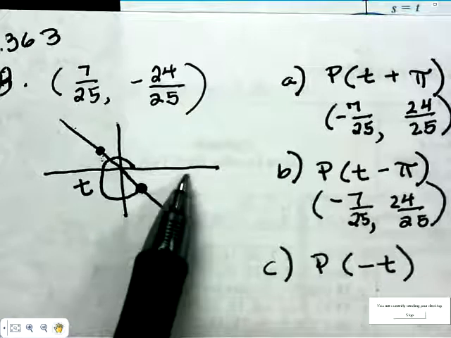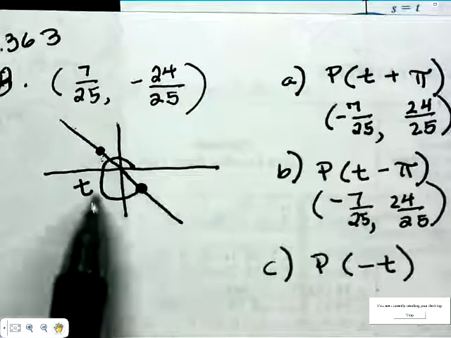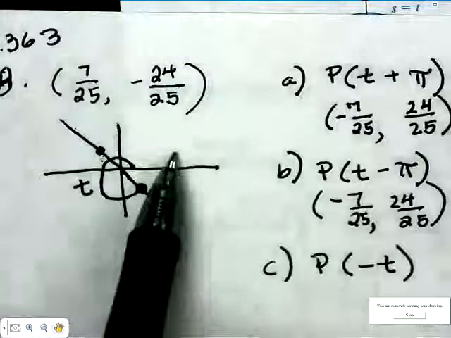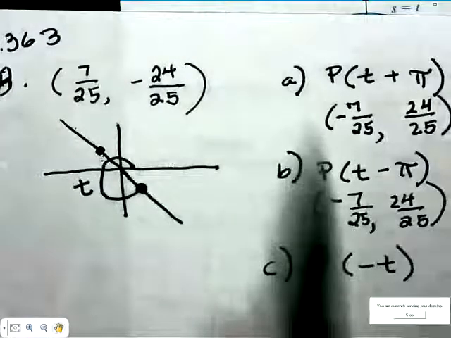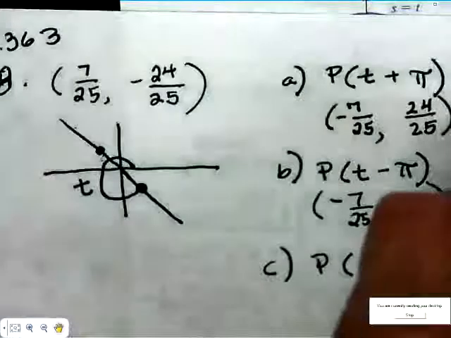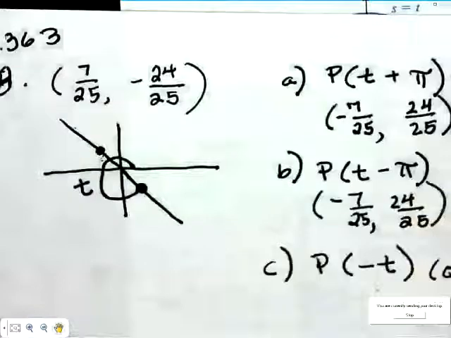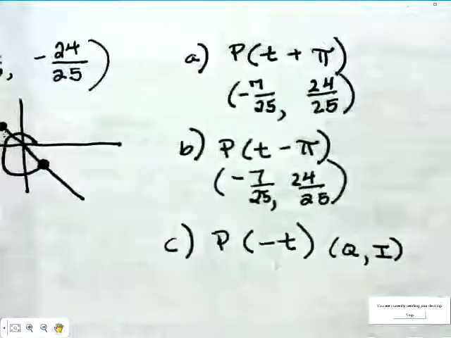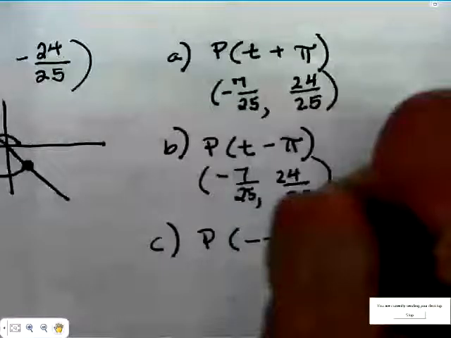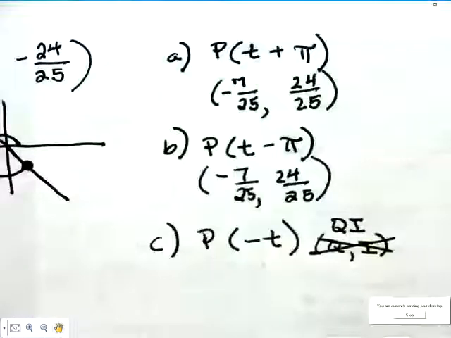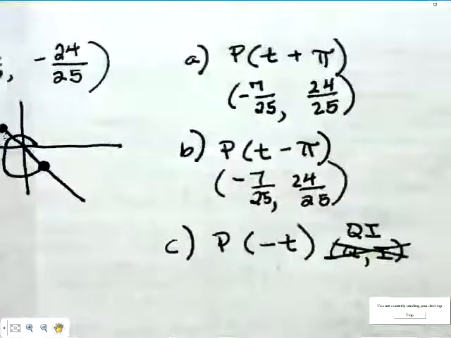Here's going clockwise, here's 90, 180, 270, and then some past that would end up in the first quadrant, where both the x, oh, I didn't mean to write q comma like that was an ordered pair. I meant to write quadrant 1. Where the x and y would both be positive.